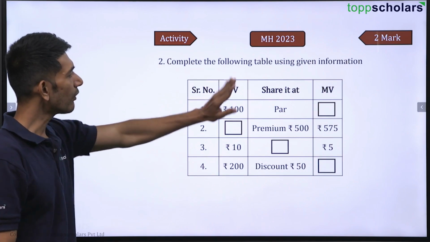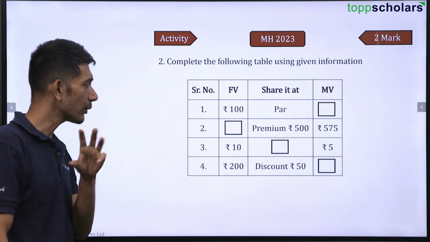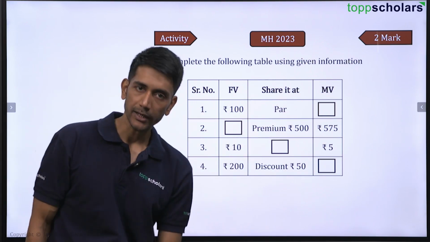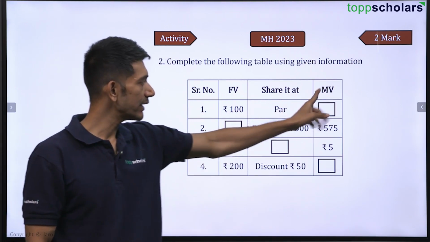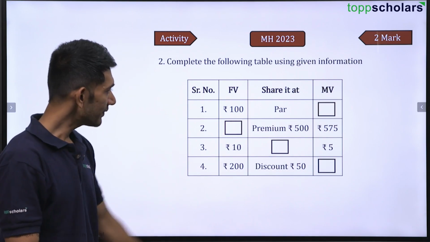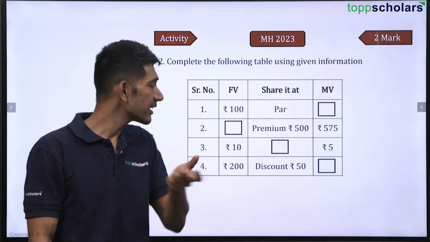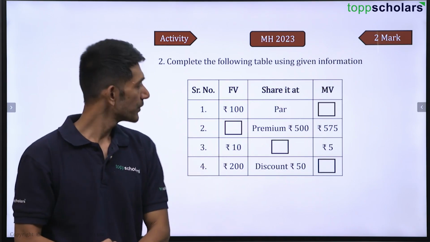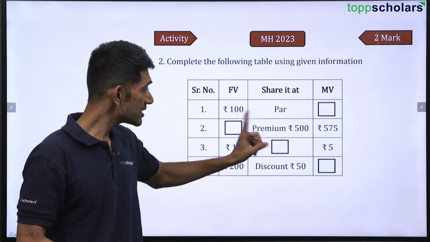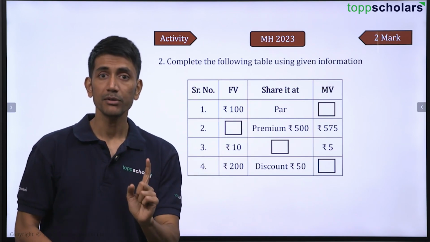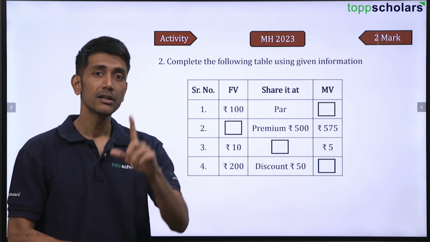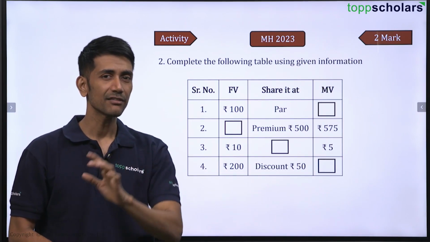So complete the following table using the given information. Now here you are supposed to understand three things. The relation between face value and market value. When the price of the share is at par, that means the face value and the market value is equal. When the price is trading at a premium, it is slightly costlier than the face value. That means the market value is greater than the face value.